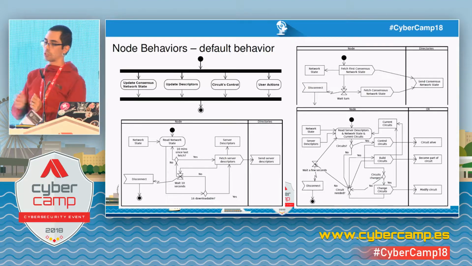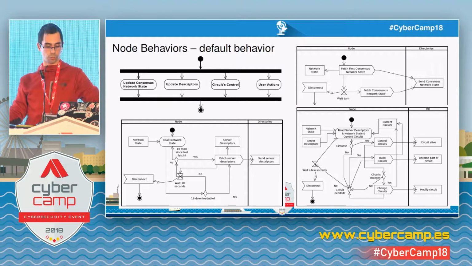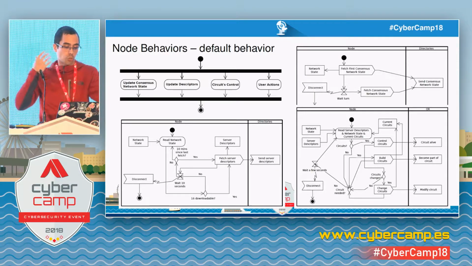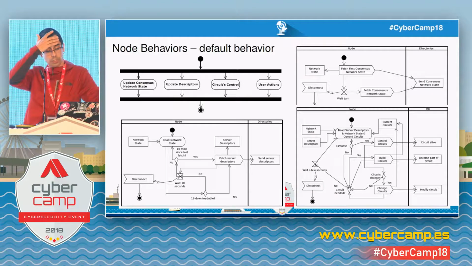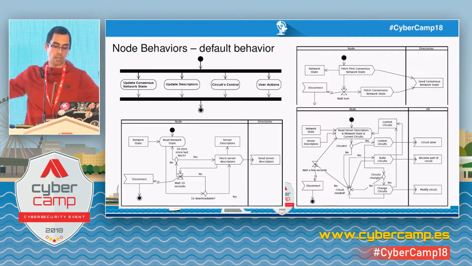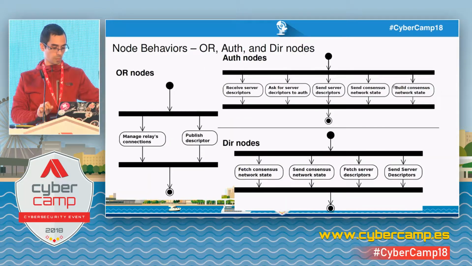So that means when it gets a message about extending a circuit, study circuit, etc., and then user actions. All of these actions have been modeled here on the right. I'm not going to go into them, but if you are curious in knowing how often are the descriptors updated, well, every 10 minutes they are often updated.